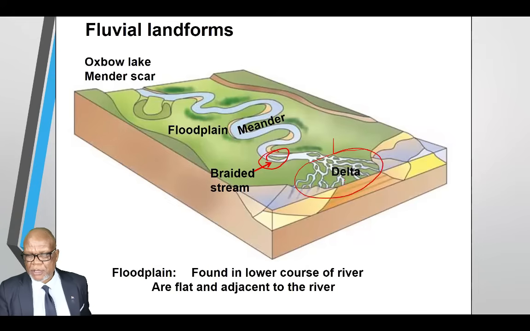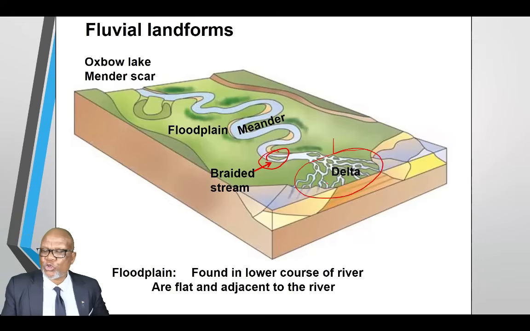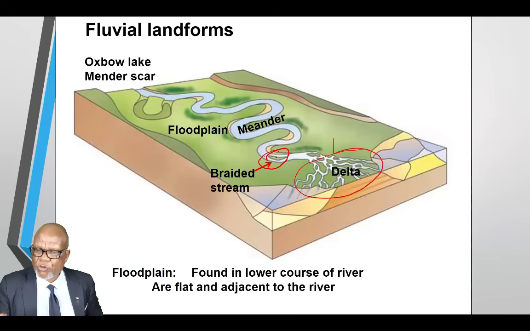These tributaries are not going to join again. Both of them are going to have sand islands between the streams. But here, it's going to join again as the river continues.